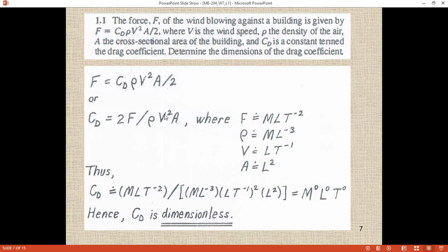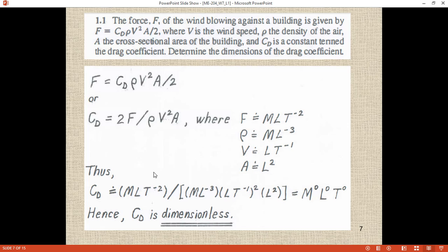If you use F, you don't have to change F, just change the density with the FLT system. So instead of M you will get F here. But here they are using the MLT system, so replace F with MLT minus 2, replace the density with its dimension, replace V square with the dimension of velocity, and replace A with the dimension of area.